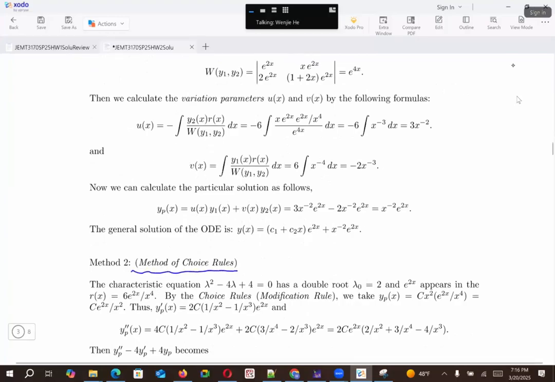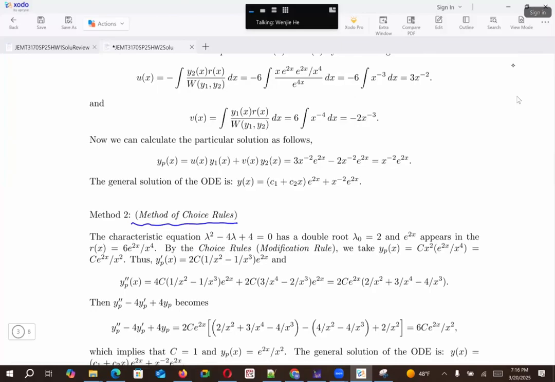Here we want to focus on the second method, where we use the choice rule and the modification rule. That's choice rules number 2, the modification rule.